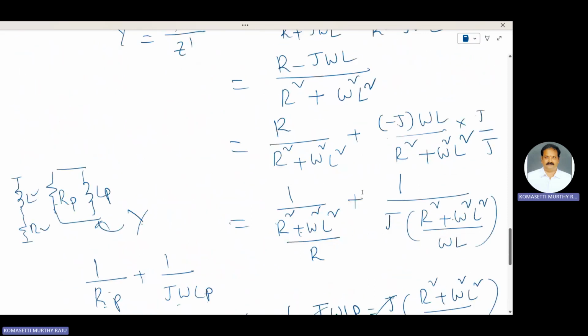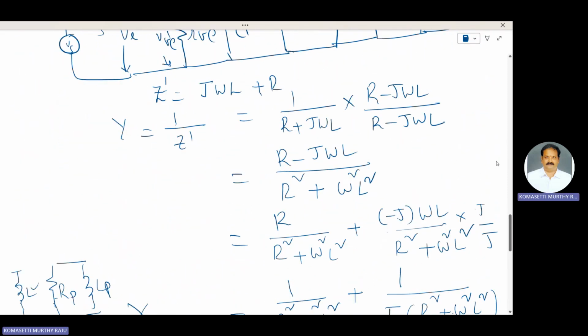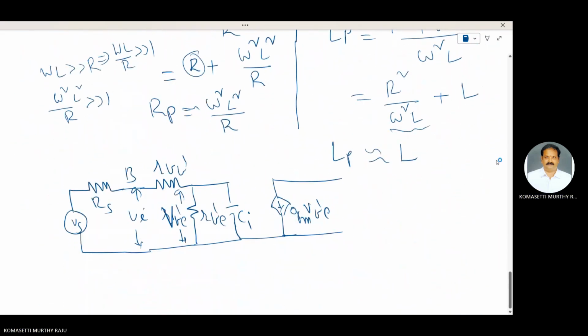Here in the circuit, R naught, C equivalent, here C equivalent. This one is R naught.